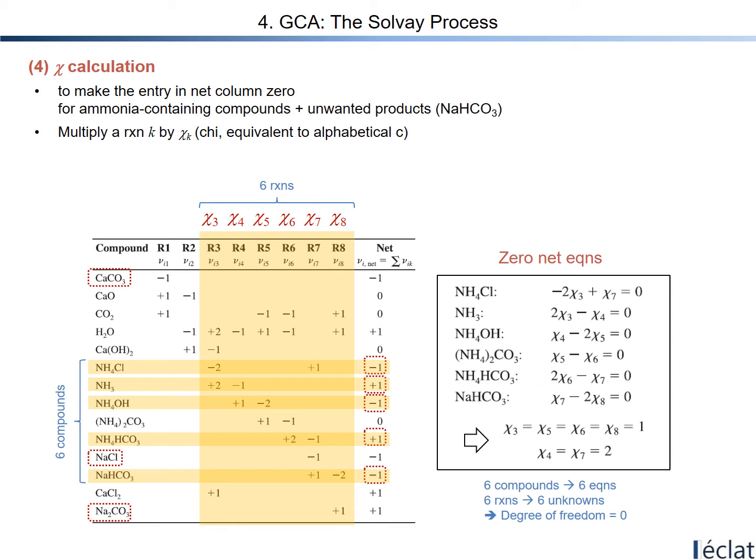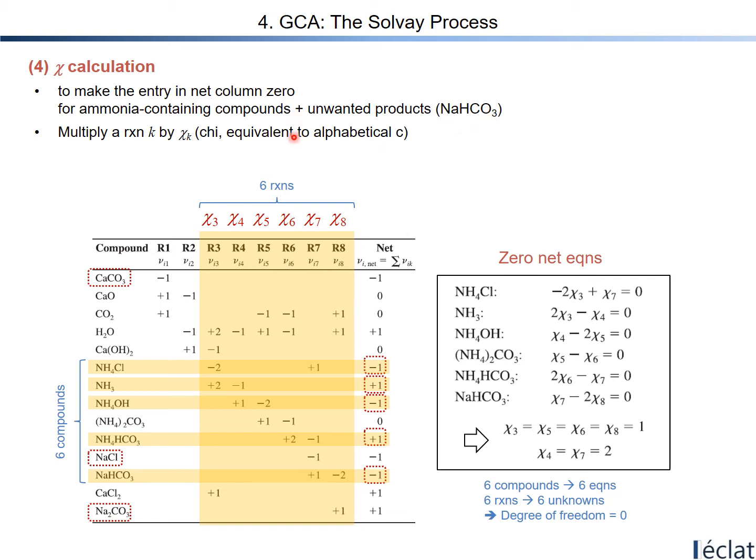Step 4. It's time to calculate the weight factor of reactions by using chi calculation. This is step 4 of generation consumption analysis. The objective of chi calculation is to make the entry in the net column 0 for ammonia containing compounds plus an unwanted product like sodium bicarbonate for the Solvay process.